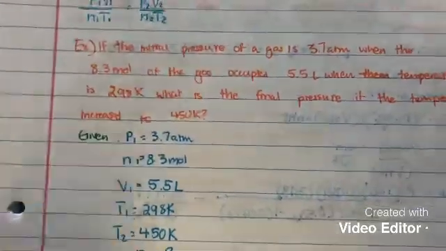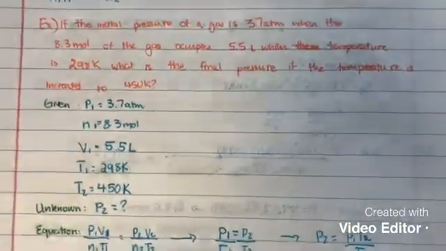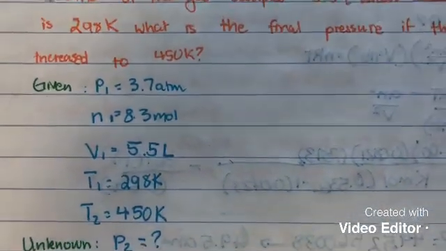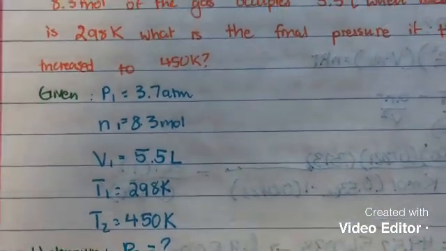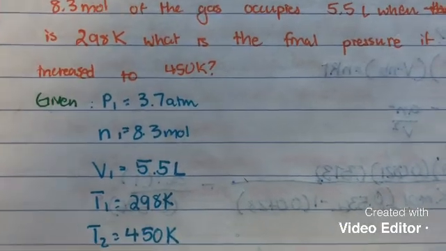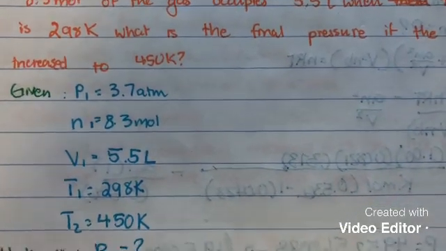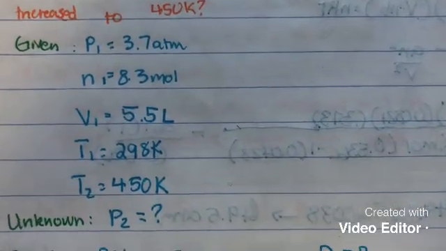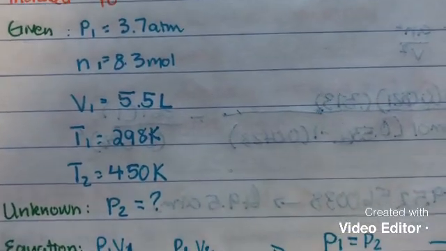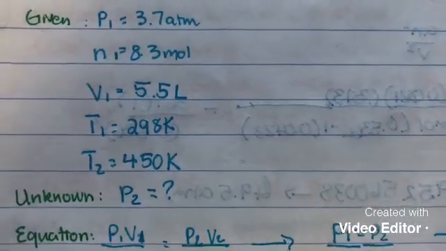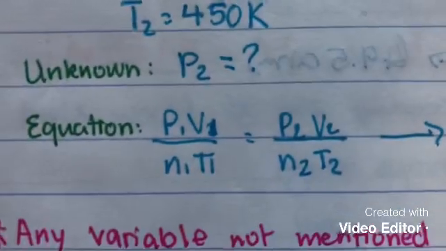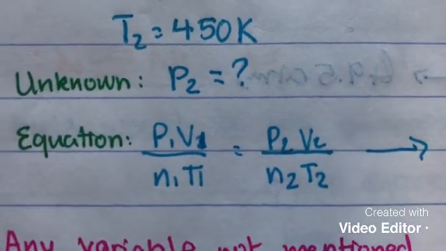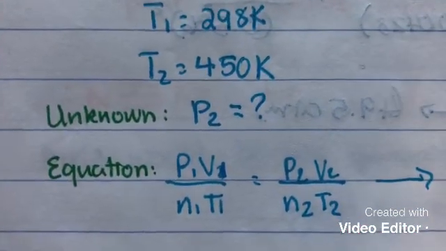So now we know what our givens are. Our givens are P1, which is 3.7, the initial pressure, N1, which is the initial moles, V1, which is the initial volume, 5.5, and then the rest. So the unknown we need to solve for is P2, which is the final pressure.